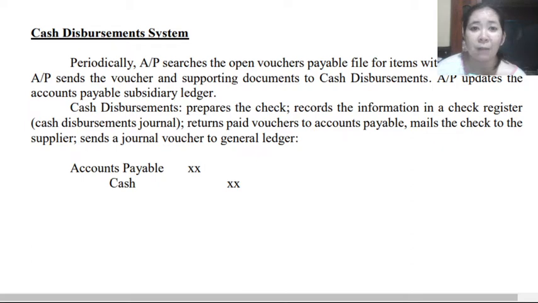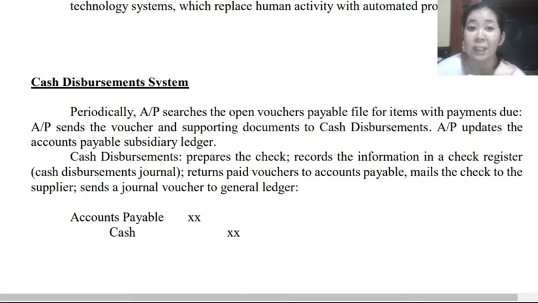The entry for the cash disbursement, of course, is we will debit accounts payable and credit cash. This is to confirm that these accounts are already paid, so it will be deducted from our account balances.